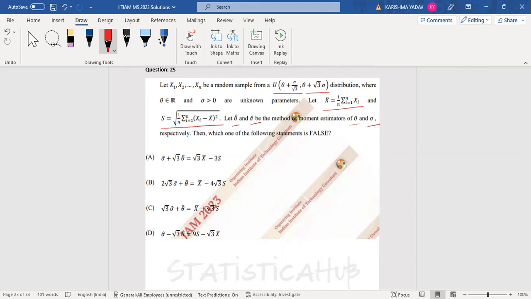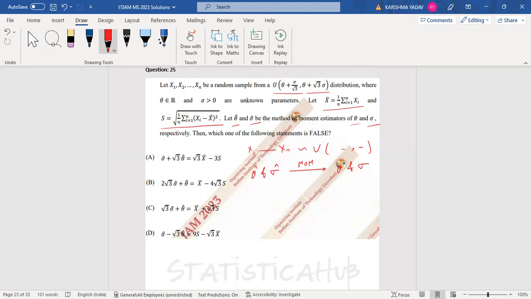So what we have been given is x1 to xn following uniform theta plus sigma by root 3 and theta plus root 3 sigma, and theta cap and sigma cap are the method of moments estimators of theta and sigma.